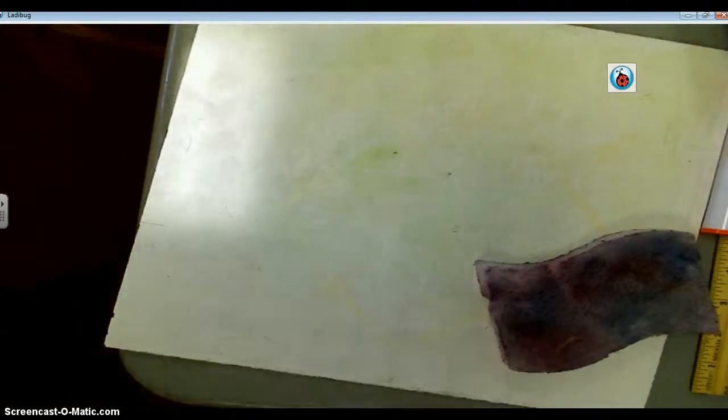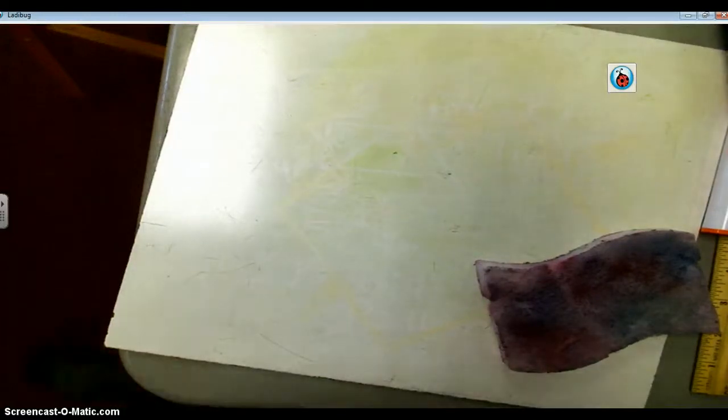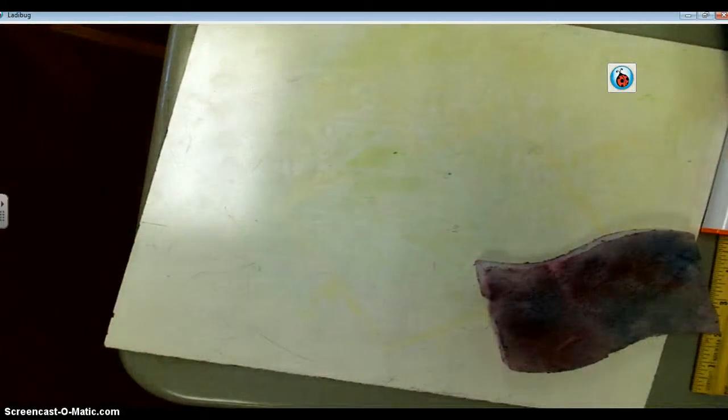So, let's do a few examples of area. Okay? And with area today, we're talking specifically squares and rectangles. My first question is, is every square a rectangle? Yes, because the definition of a rectangle is that all sides are right angles.